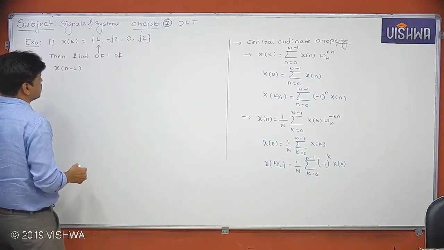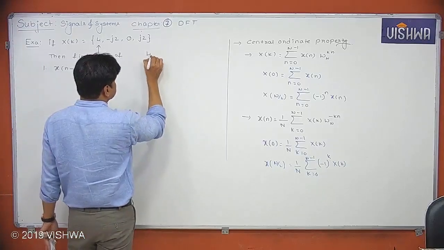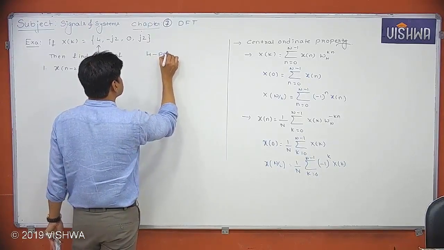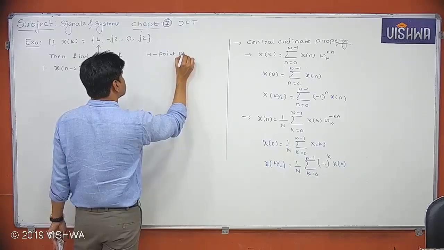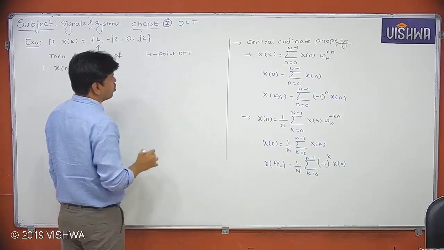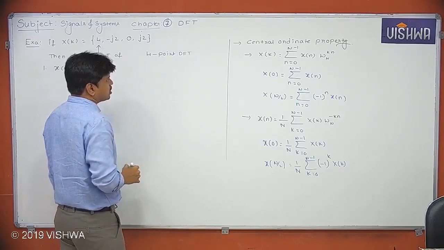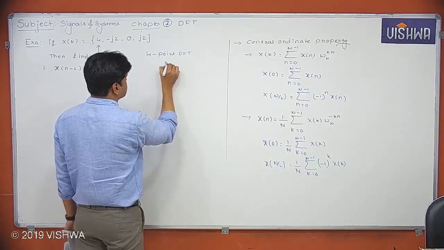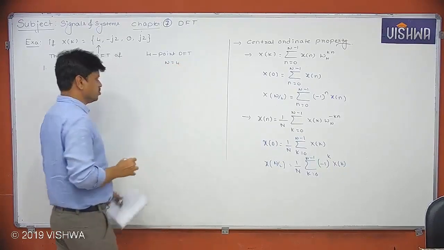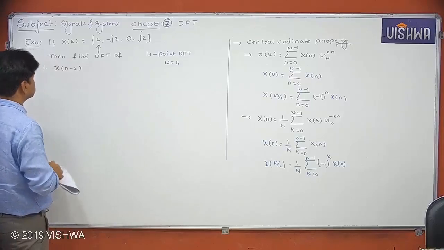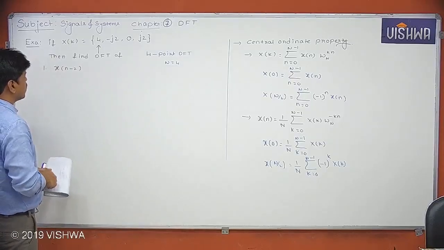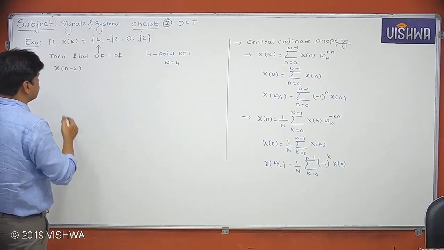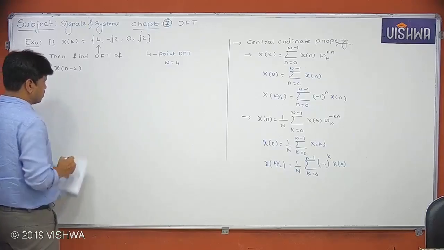First of all, it is a 4-point DFT, so we have N equal to 4 for x of n minus 2. So what is the DFT we are going to get?